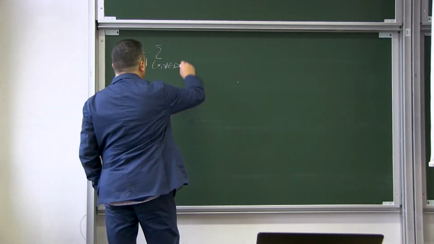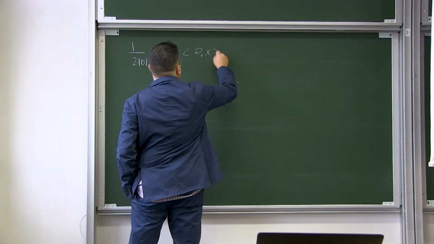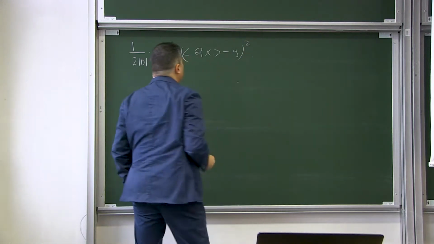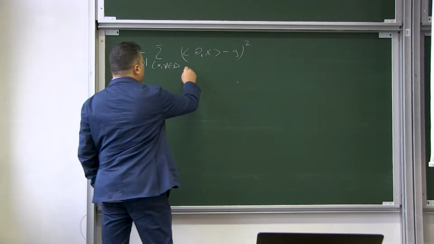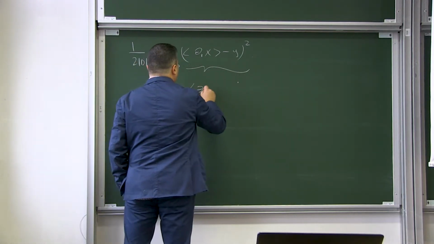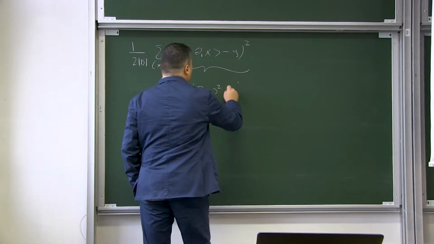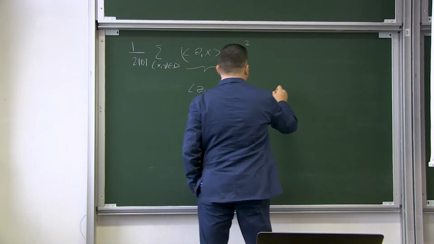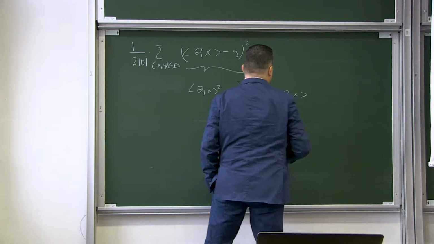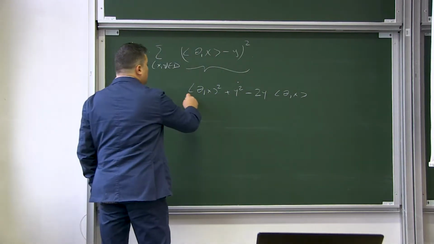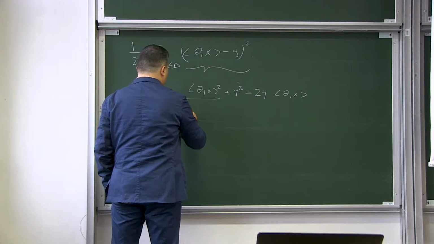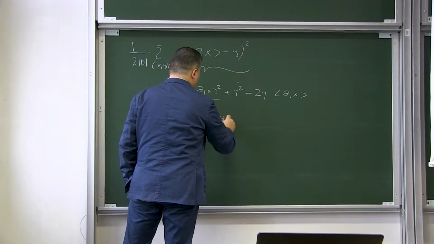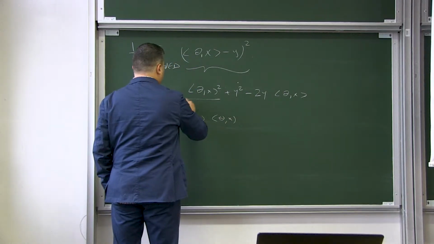Right? And then we have theta x minus y squared, okay? I simply expand this into theta x squared plus y squared minus 2y theta x, yeah? Now, this here, you could actually have it as theta x times theta x, right?